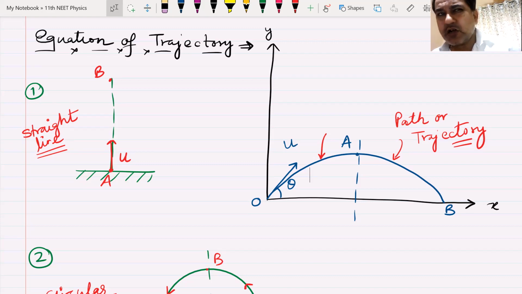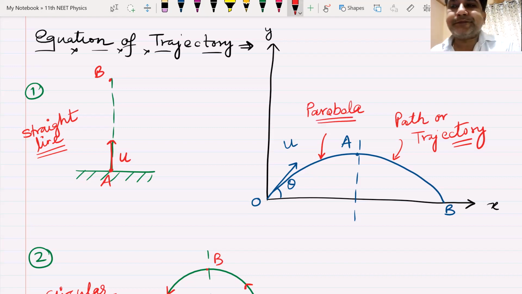Any other curved path names? Have you heard about the term parabola, or ellipse or hyperbola?